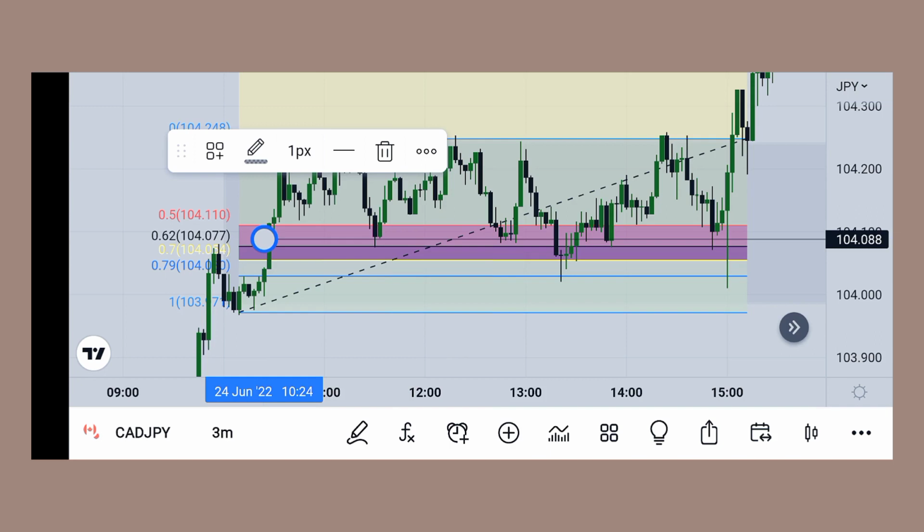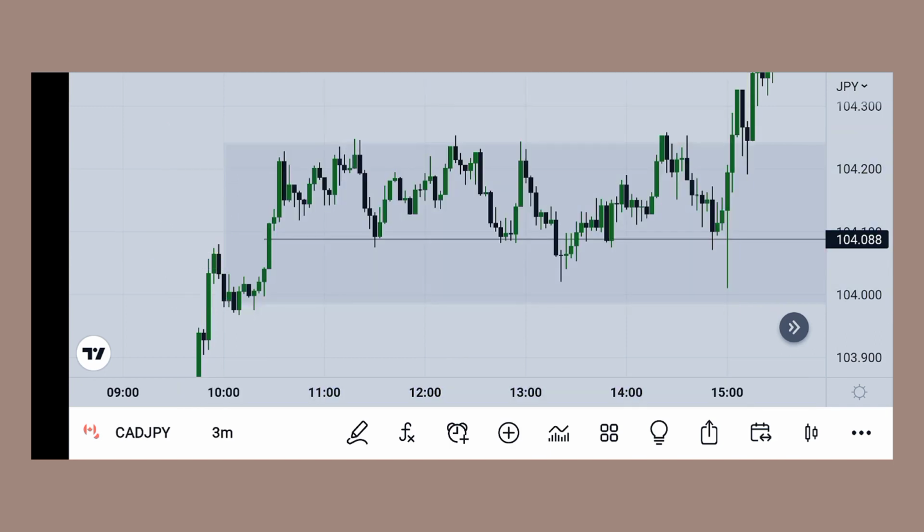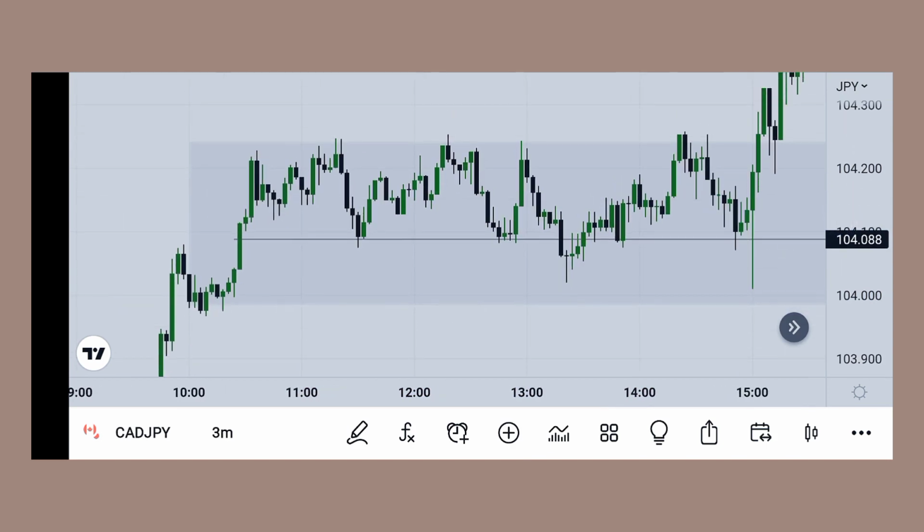So take the fib off. We can see that below the 60% is a discount price.